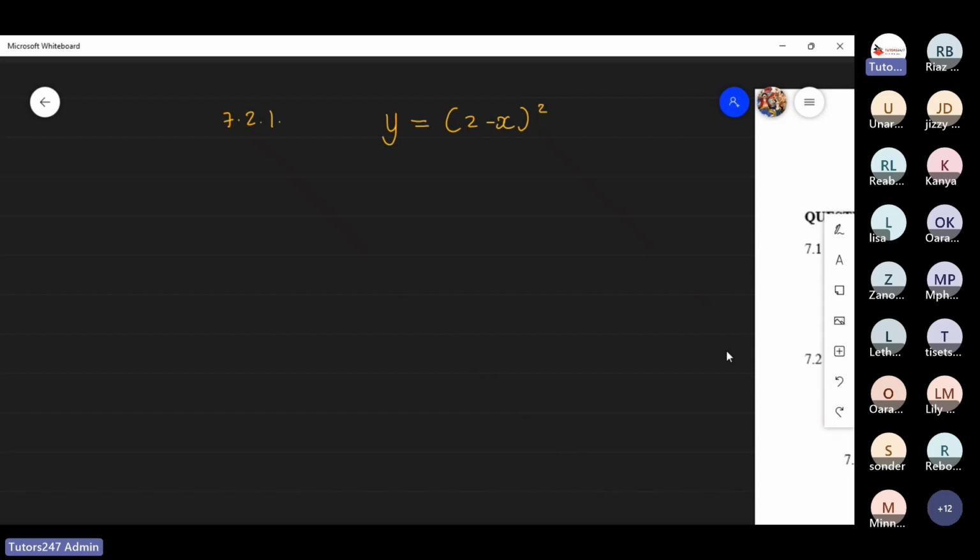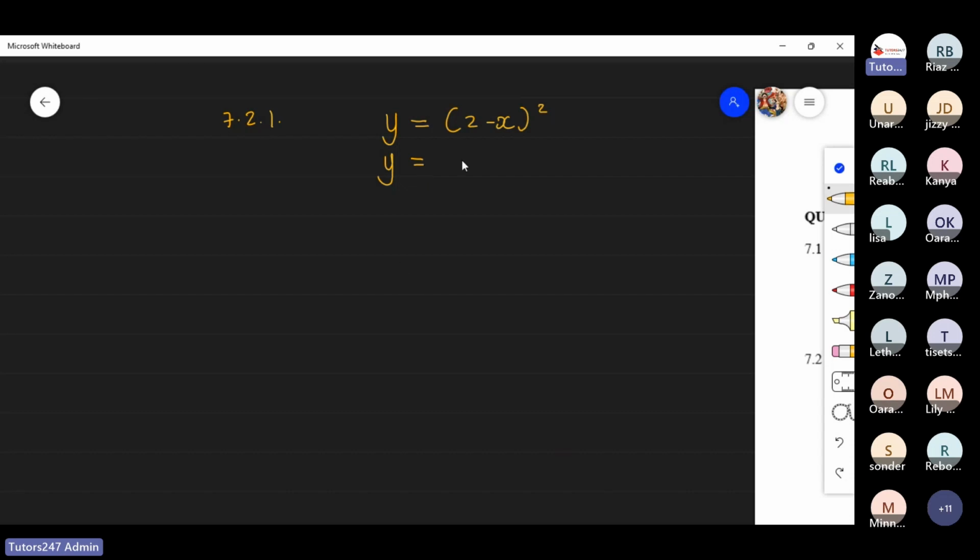Once we simplify it, then can we derive. So don't ever derive the equation if it is in this form. Always simplify by expanding the brackets and then derive. So we are not going to introduce dy dx just yet. We are first going to simplify. At the step whereby we derive, that is when we introduce dy dx.